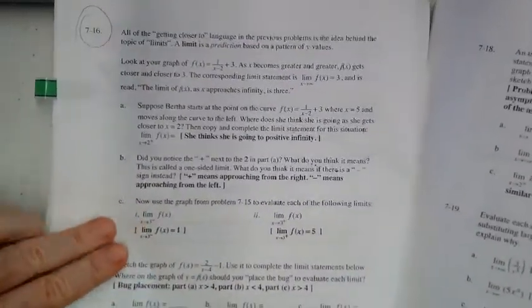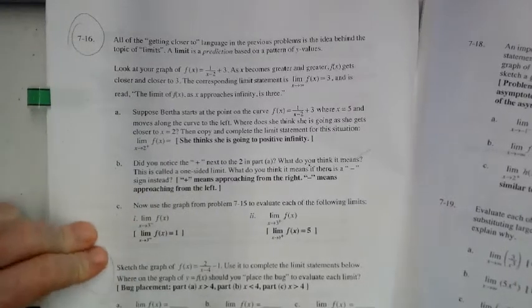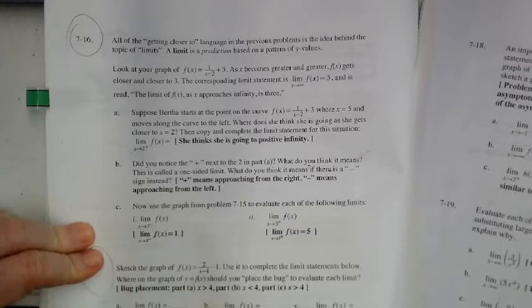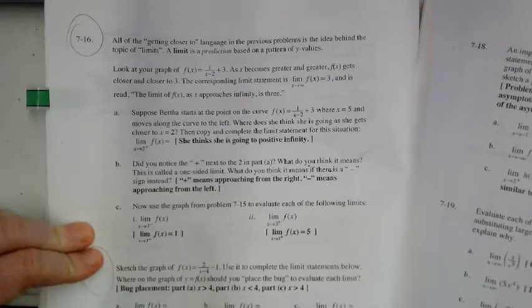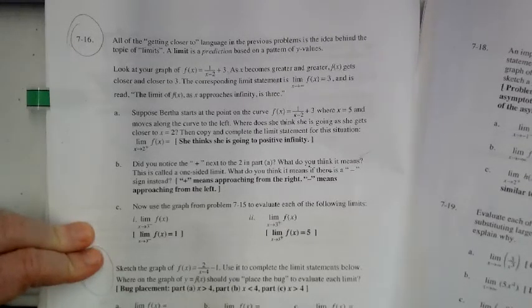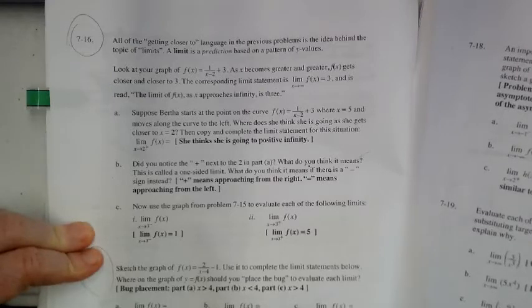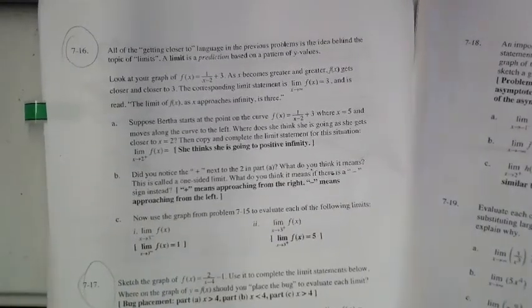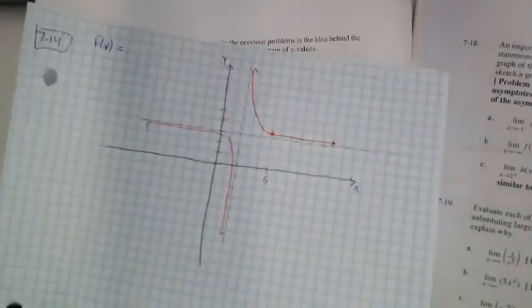Here's more of an explanation. It says, all the getting closer to language in the previous problems is the idea behind the topic of limits. A limit is a prediction based on a pattern of y values. Look at your graph of f of x equals 1 over x minus 2, plus 3. That's this one.